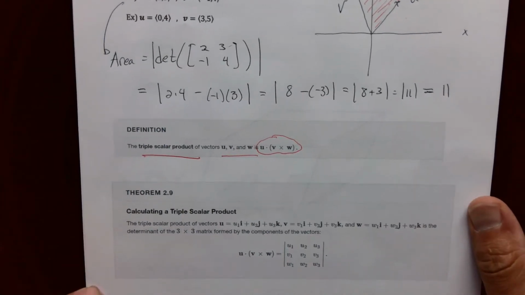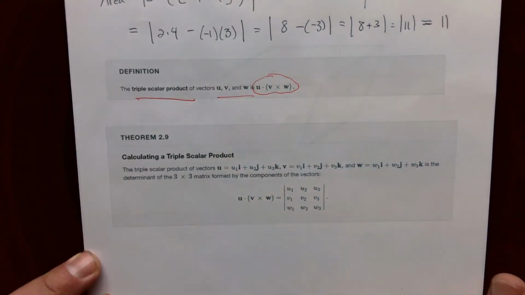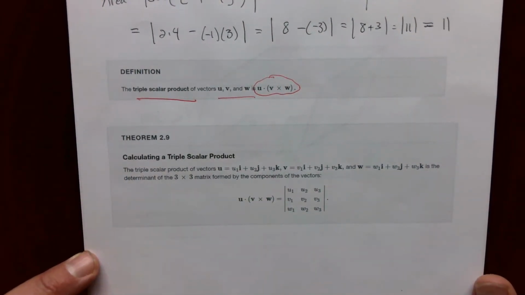Now the next result says that the scalar triple product is equivalent to computing a 3 by 3 determinant.